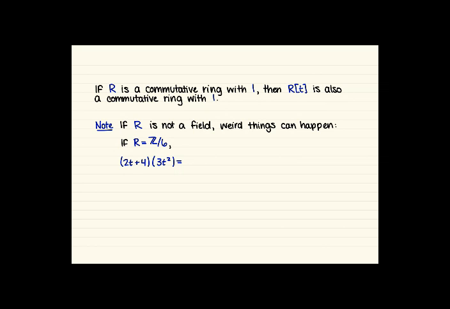If we look over Z mod 6, we can see that multiplying 2t plus 4 and 3t squared, we get 6t cubed plus 12t squared. But hey, 6 is congruent to 0 mod 6, and 12 is congruent to 0 mod 6, so this is 0. So we can multiply two polynomials together to get the zero polynomial.